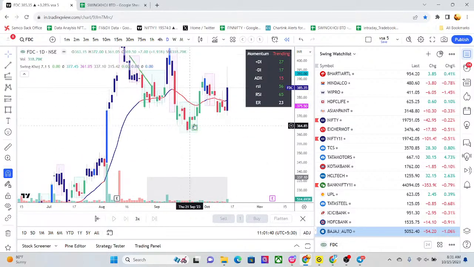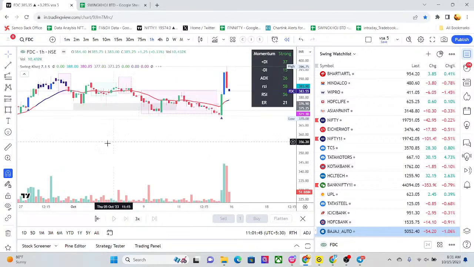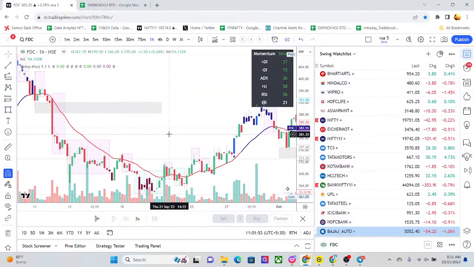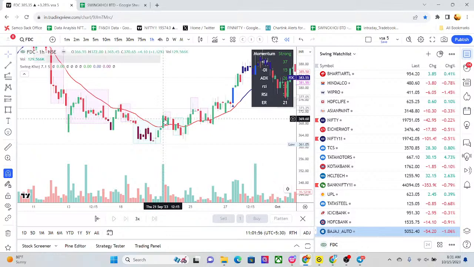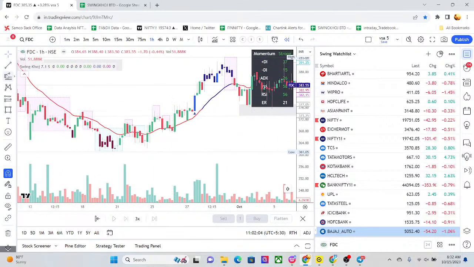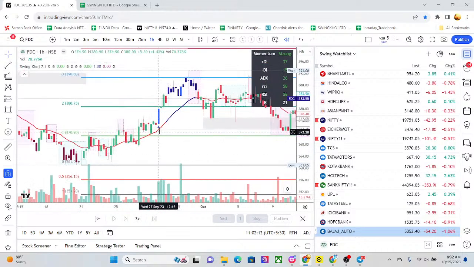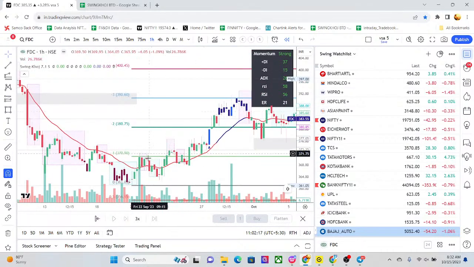This is the area, so we'll go to hourly, 21.8. We have a blue box here with close above. We'll enter here. So this is your entry, this is your stop loss. We go for 1:1 in this, or any support resistance we can take.